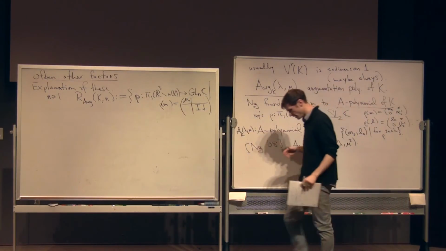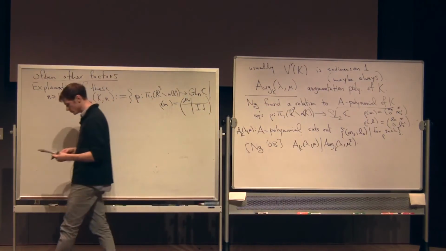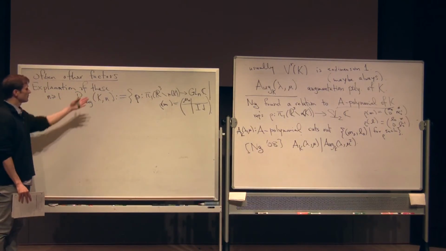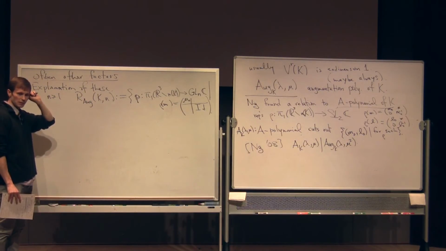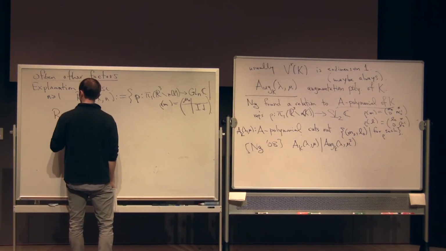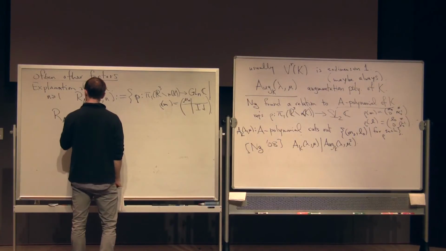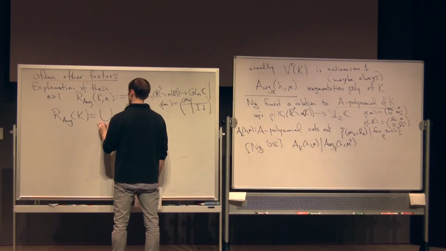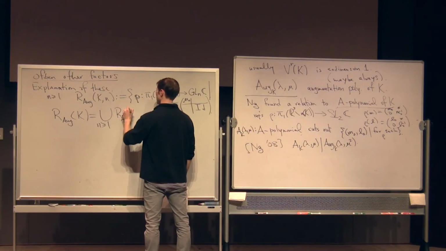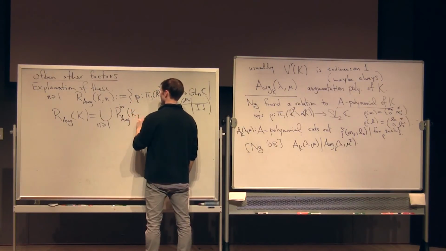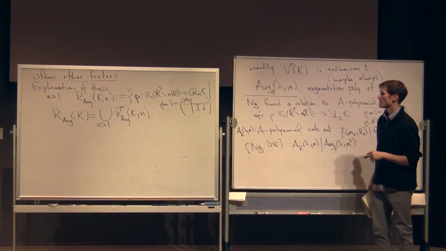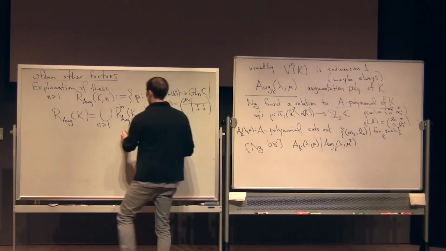Okay, for some meridian of the knot. I'm going to decorate this with an IRR if I'm just looking at those representations of this kind which are irreducible. And then I'll let R aug of k just be the union of all of these, where let's say I just think about the irreducible ones for a reason I'll point out in just a second.